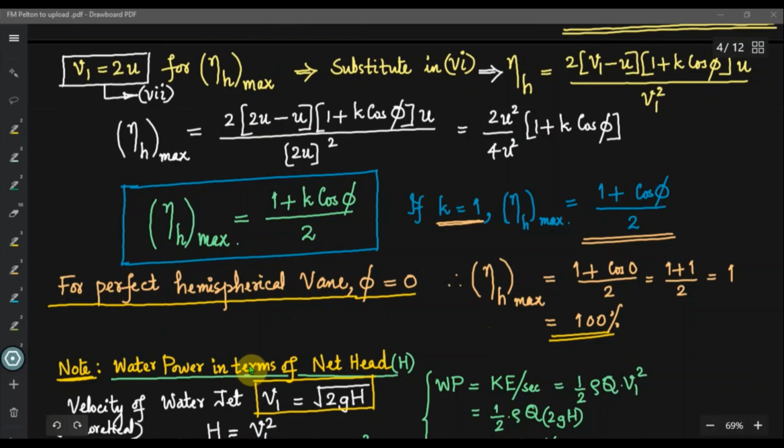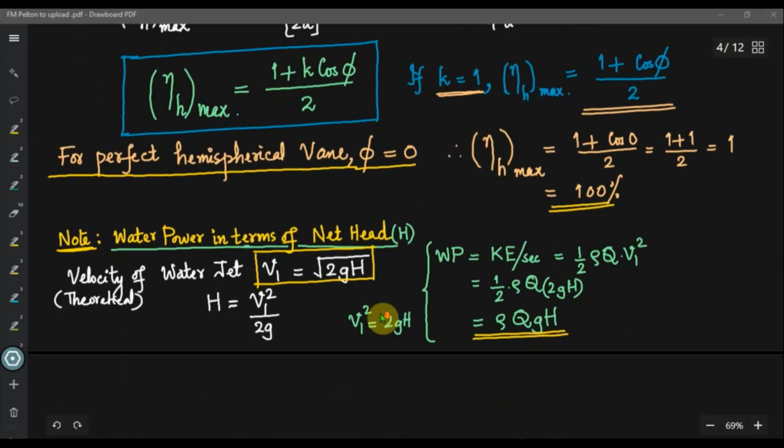But unfortunately, due to some practical disadvantages, we will never use angular deflection as 180 or perfect hemispherical vanes on the Pelton turbine runner. In fact, that side clearance angle phi is never kept at 0. It is usually kept between 10 and 20 degrees. And we explained the practical considerations in the previous lecture.